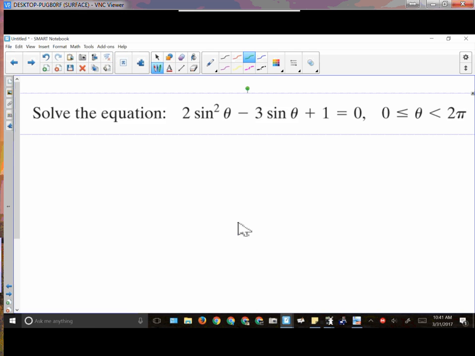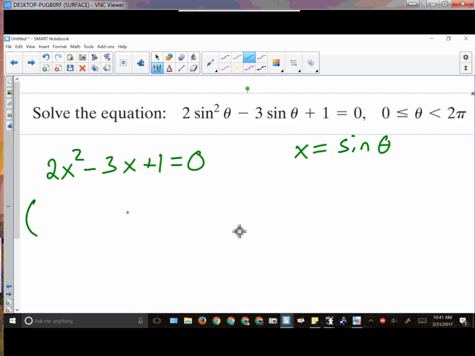But if you only had this to deal with, 2x squared minus 3x plus 1 equals 0, is that easier to work with? Yeah. So basically what we're doing here is we are saying that x is equal to sine theta. We're just doing a replacement. It makes it a lot simpler of a problem.